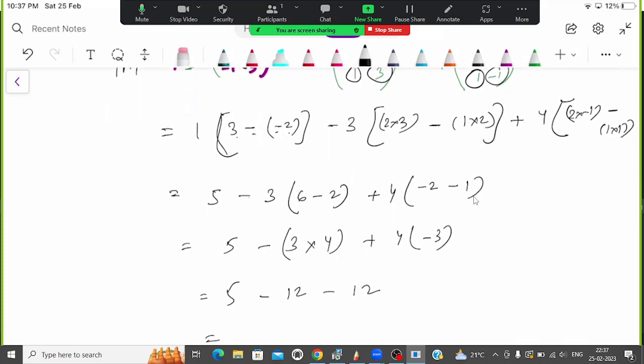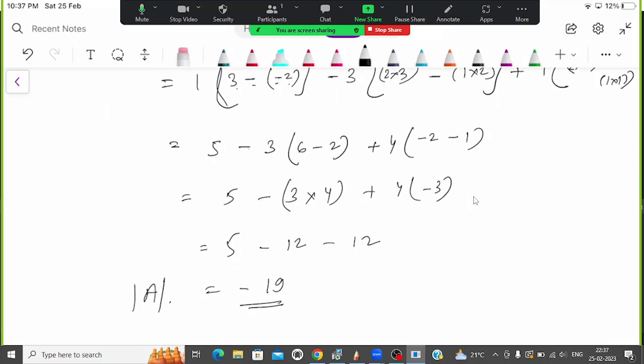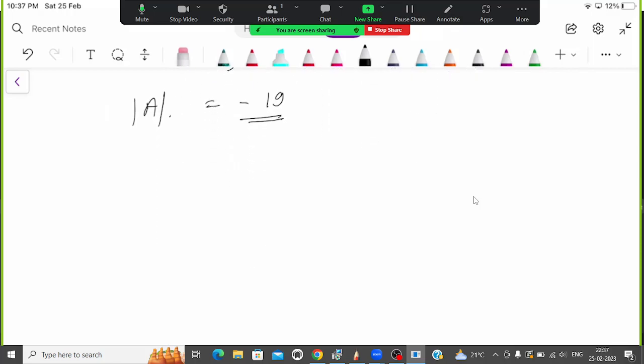So you are getting minus 19. So determinant of A is minus 19. This is how we calculate the determinant.